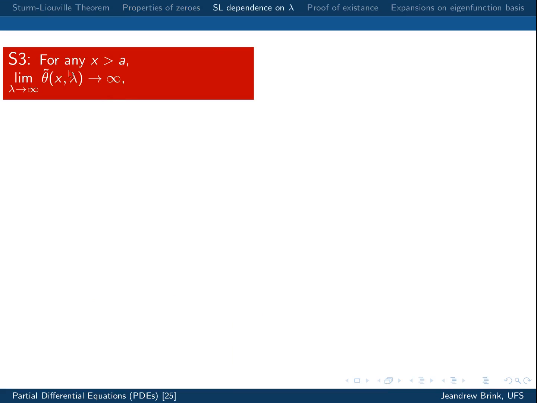The next step we want to prove is that for x greater than a, the limit as lambda goes to infinity of theta tilde of x lambda is infinity, and also the limit as lambda goes to minus infinity of theta of x lambda is 0. That's true for any x greater than a.